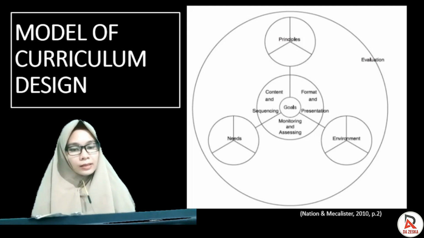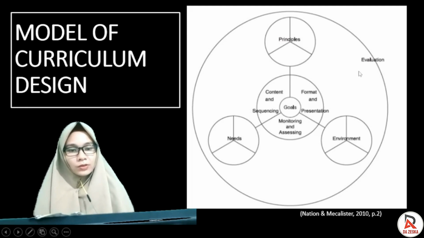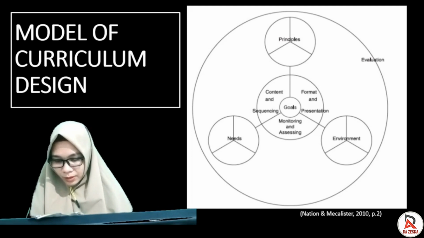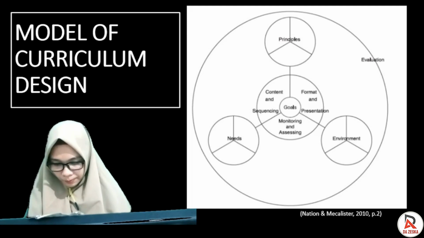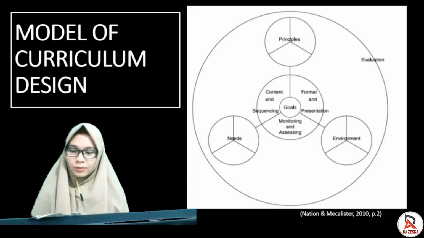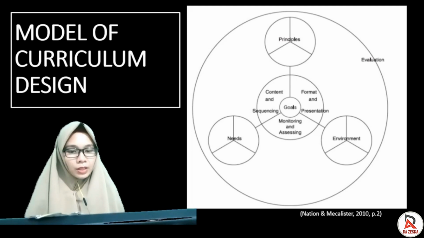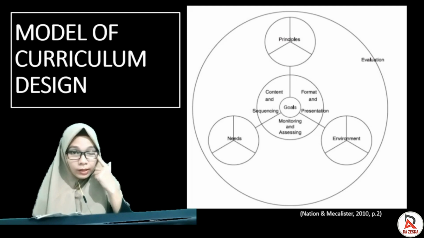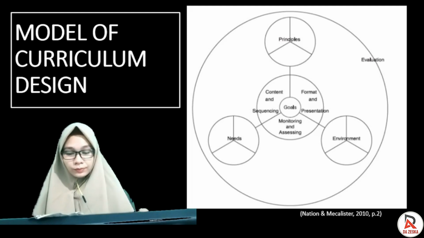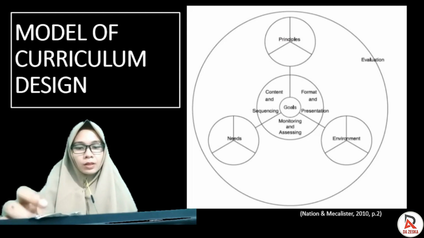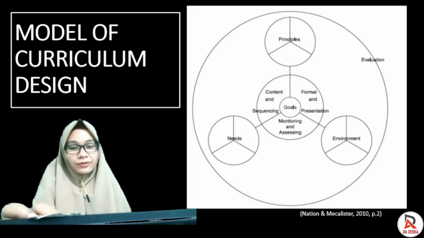And the second division is format and presentation. Format and presentation, the part over here in this inner circle, is going to be about techniques.